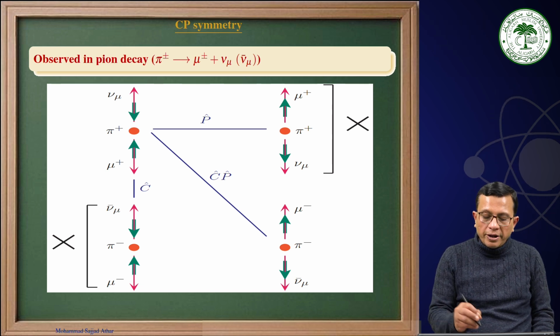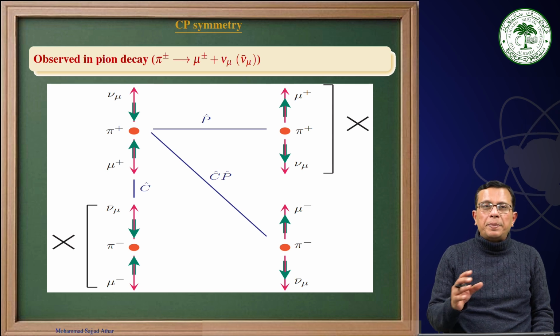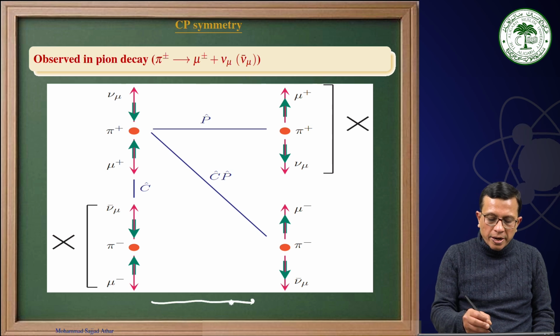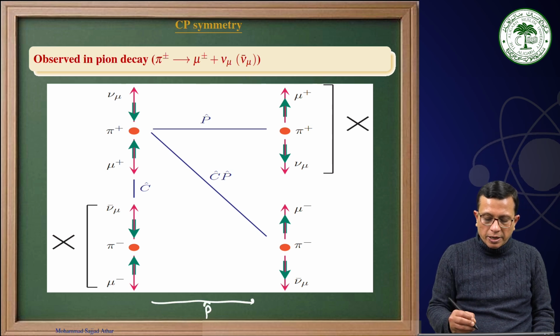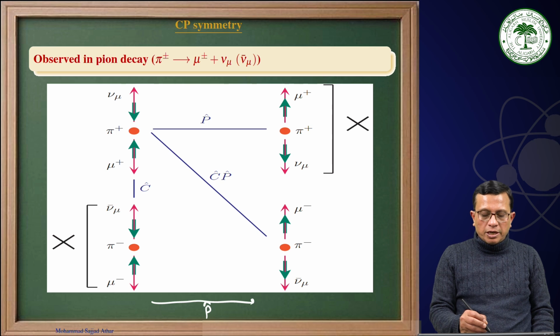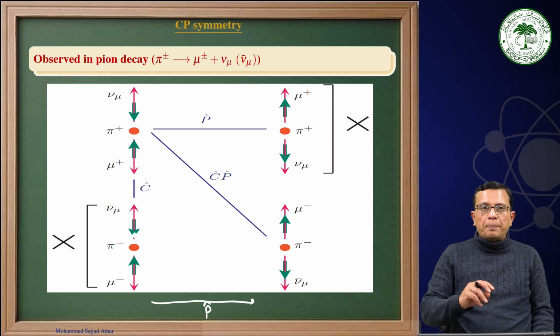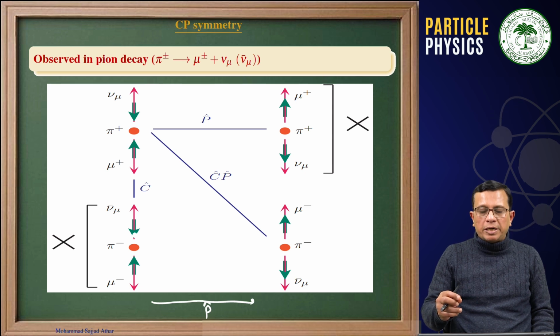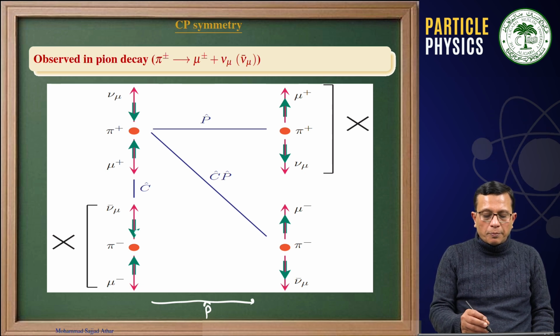nature. When we take both of them, CP, together, this is equivalent to operating by C and then operating by P. Once we have operated by C and then we are operating by P, P is changing the spatial coordinates, changing R to minus R, momentum P to minus P, etc. Therefore, now mu minus will be getting emitted in the upward direction and nu mu bar will be emitted in the downward direction without changing the spin.